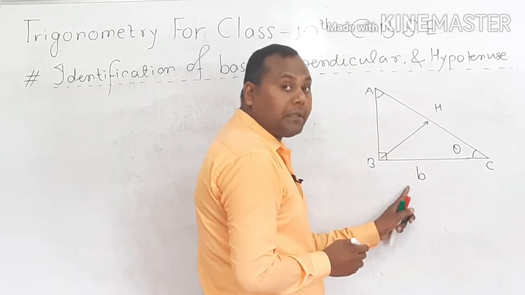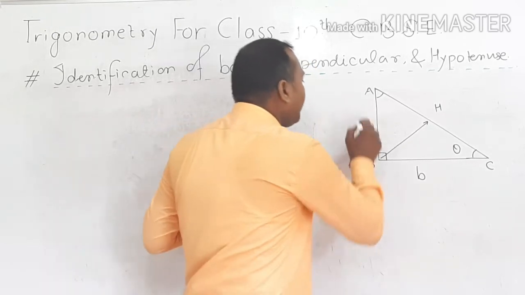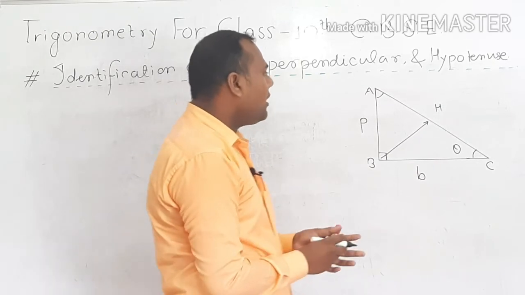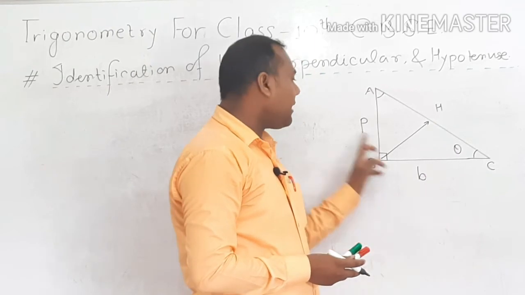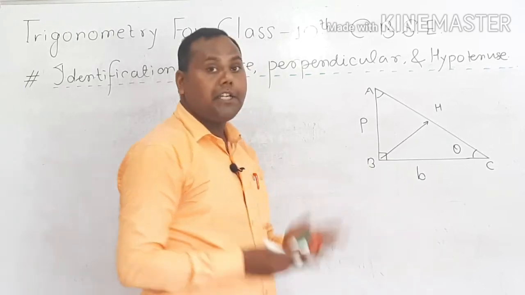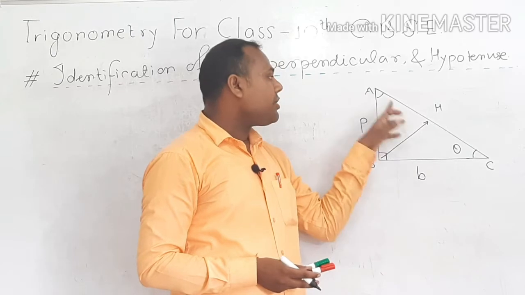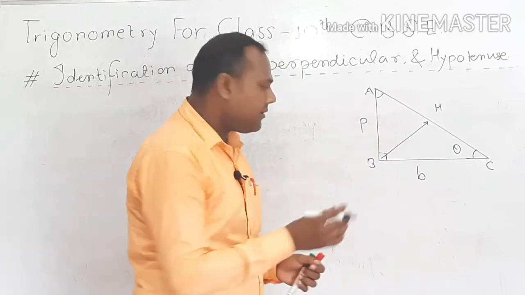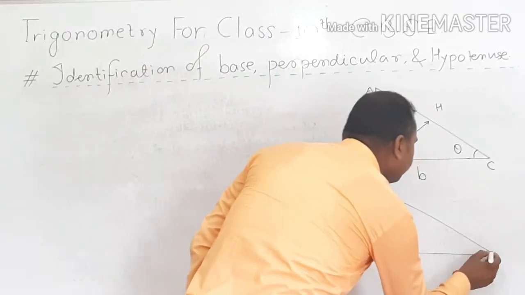It is denoted by B, and the rest part of the triangle is called P, the perpendicular. So H is the hypotenuse, B is the base, and P is the perpendicular. But P and B are interchangeable. How? Because when we put theta here, then these two parts are interchangeable. Let us see once again. This is a triangle ABC.